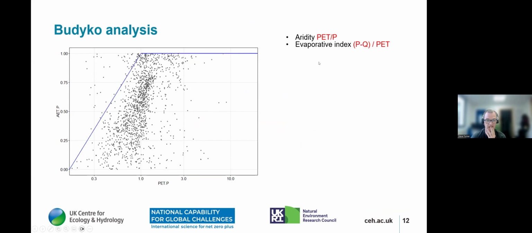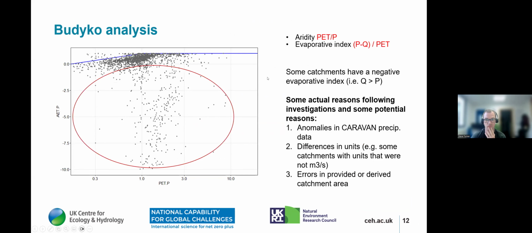And in this, we highlighted that some catchments had a negative evaporative index, which suggests something's not quite right with the data. So thinking about why that might be, there are some actual and potential reasons following some investigations we did.